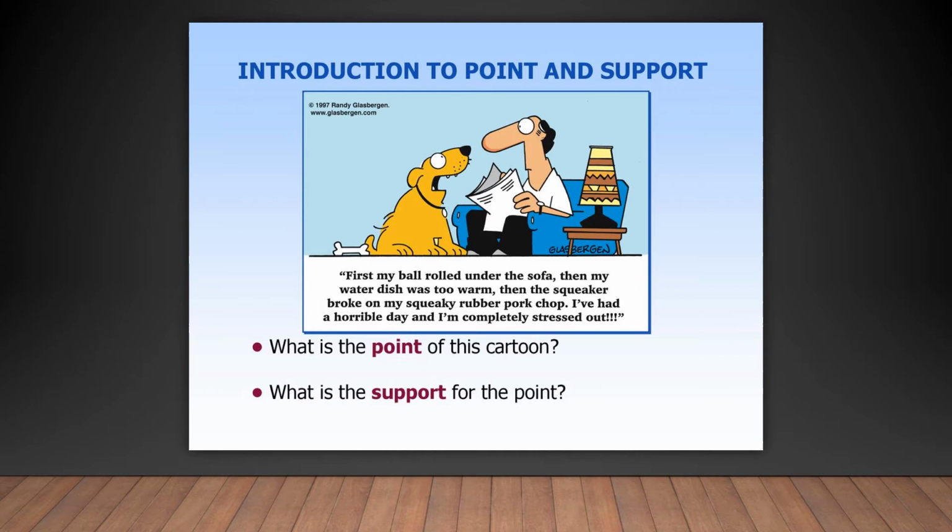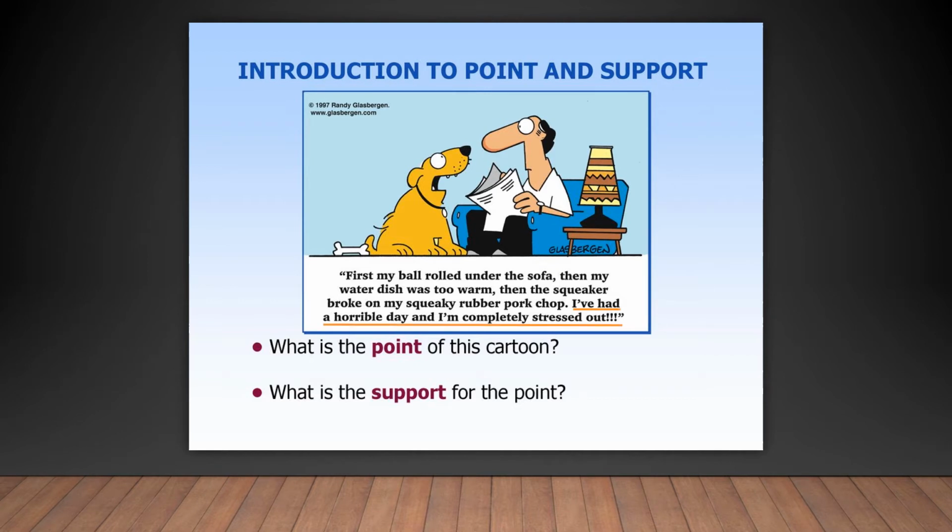What we're looking for here is that this little writing passage is giving us two different things. It's giving us a main idea or a point, and it's giving us support, the supporting details. Sometimes it's easy to tell which is which. Sometimes the point will come at the very beginning. Sometimes it's put at the very end of the passage, so it's kind of hard to find at some points.